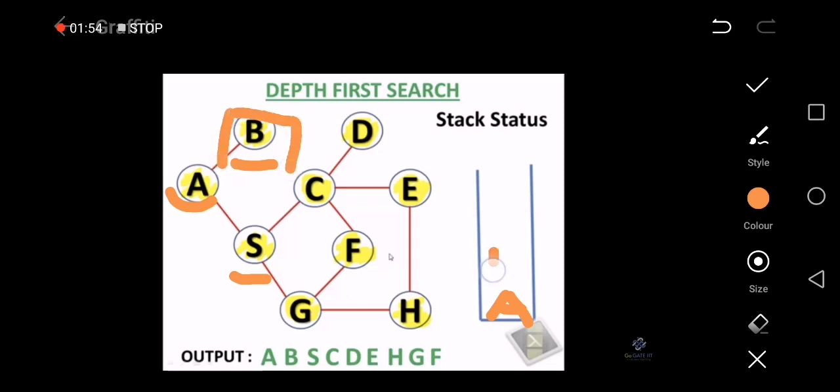So we stack B up here. Not to forget, we must put the output here and this one. So we are up to vertex B now.